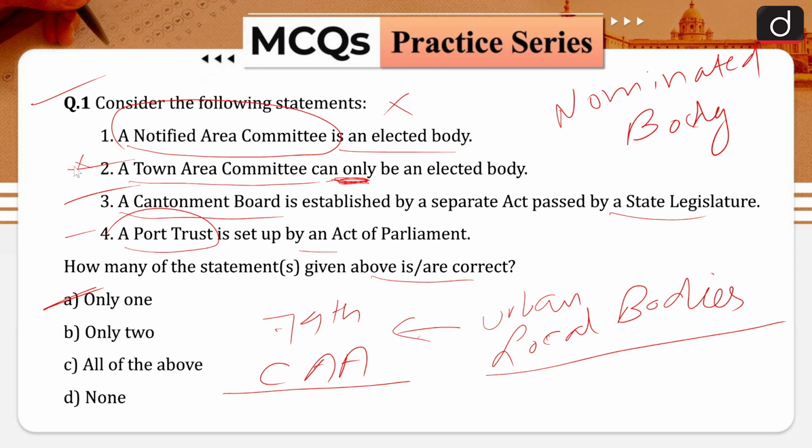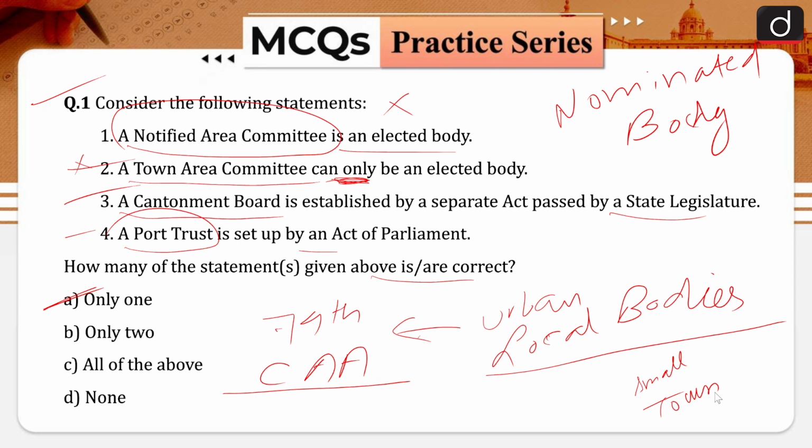So the town area committee was created for the administration of a small town. It is like a semi-municipal authority and is entrusted with a limited number of civic functions like roads, street lightings and drainage.